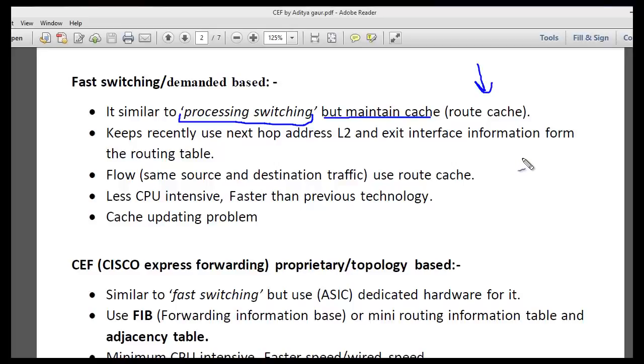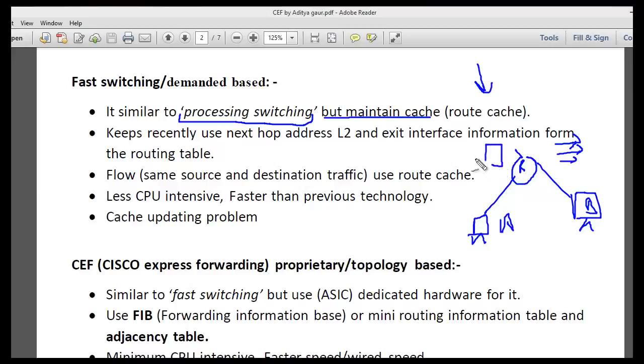What I mean to say is that in the previous example we have a router, computer A and computer B. Every time, your router goes through finding the routing table, finding the next hop layer 2 address and some other tasks. So why not create a cache?